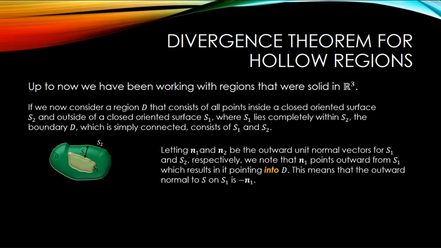Letting n sub 1 and n sub 2 be outward unit normal vectors for my surfaces S sub 1 and S sub 2 respectively, we'll notice that n sub 1 points outward from S sub 1 but inward into S sub 2, while n sub 2 points outward from S sub 2. This means that the outward normal on S sub 1 will be negative n sub 1.